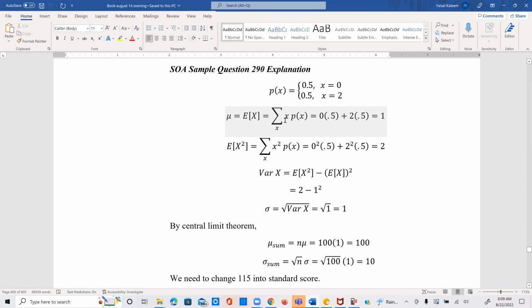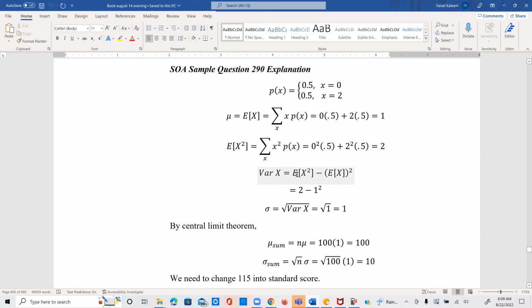So the mean is the summation of x p(x), 0 times 0.5 plus 2 times 0.5, so that's 1. And E of x squared is the summation of x squared p(x), that comes out to be 2.